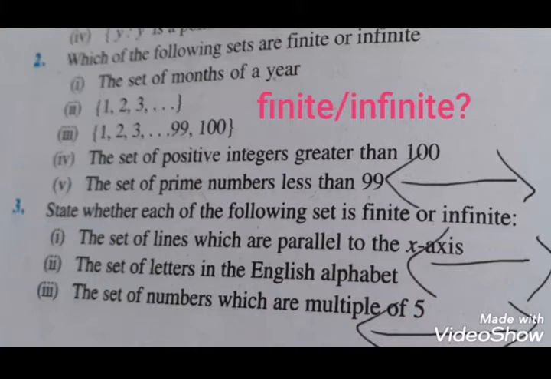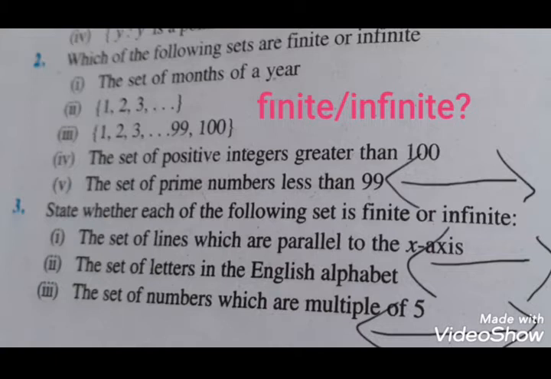These are the prime numbers less than 99. Approximately there are a total of 26 numbers, meaning the elements are countable. So the first, third and fifth are examples of finite sets, whereas the second and fourth are examples of infinite sets.